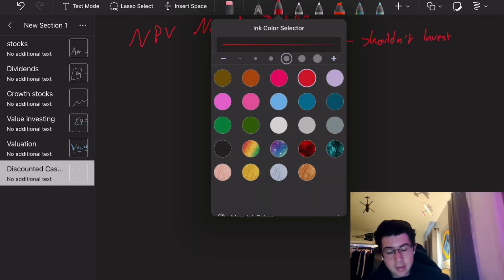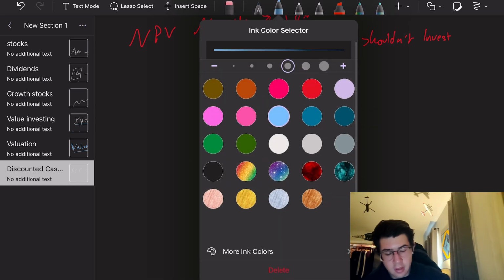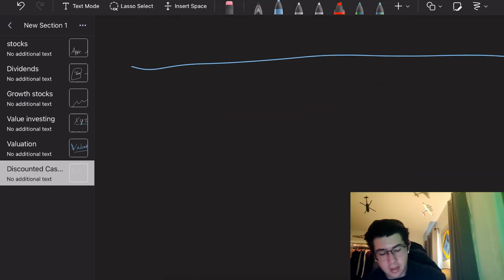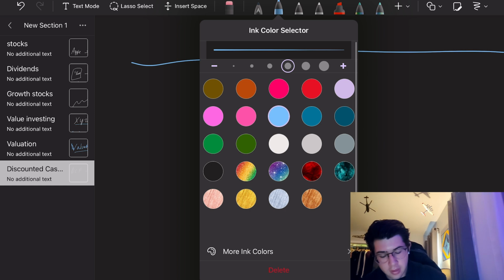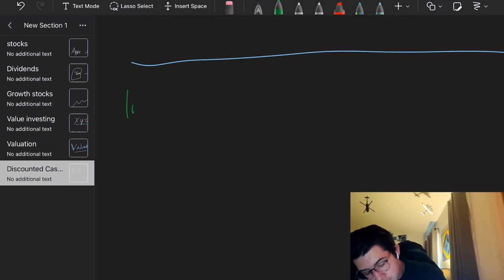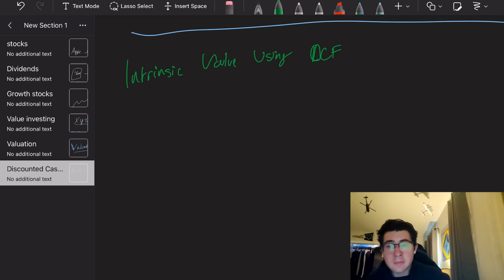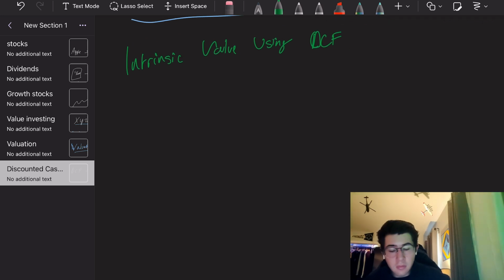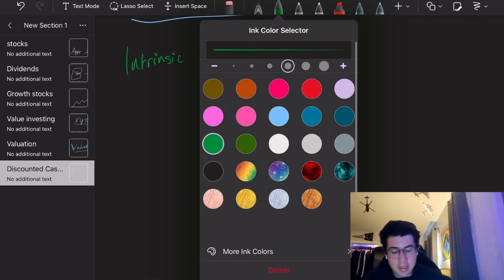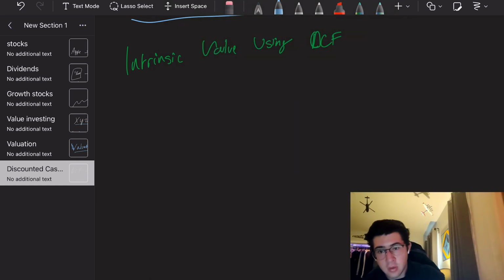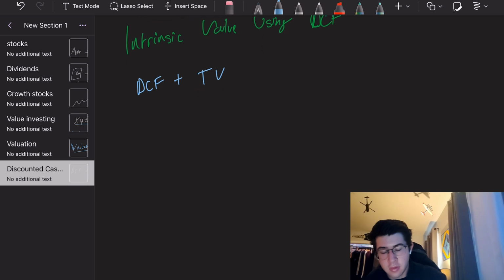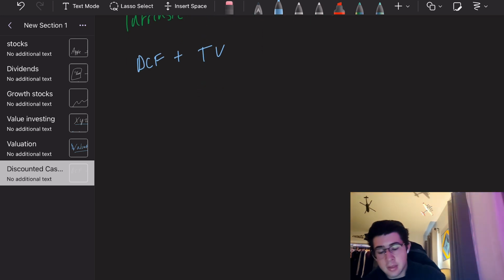Now, this is not using the intrinsic value, but you can get the intrinsic value by using a cash flow model, which is what we're going to do now. All right. So here's how you get the intrinsic value. You need to do the discounted cash flow plus the terminal value. And I'll draw out the steps.